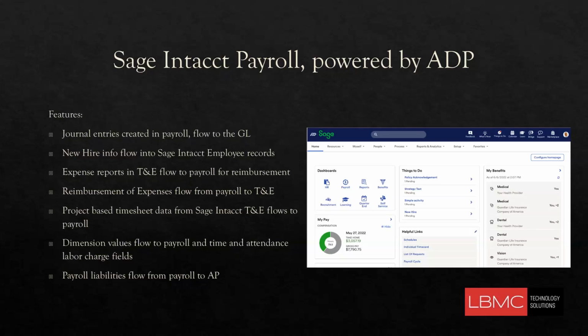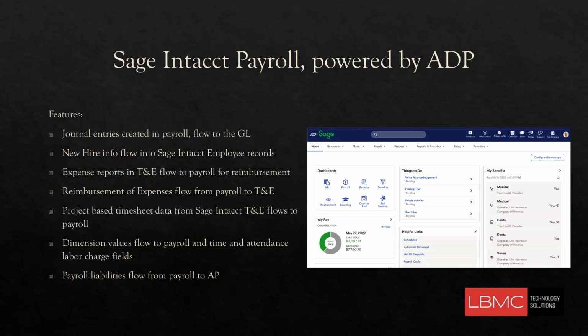Expense reports entered in the Sage Intacct Time and Expense module will flow to ADP for payroll reimbursement. Reimbursement of those expenses on somebody's paycheck in ADP will then flow back to Sage Intacct Time and Expense and mark that expense report as paid.